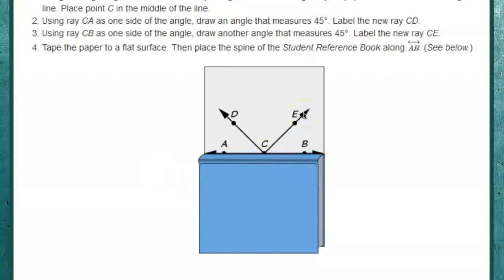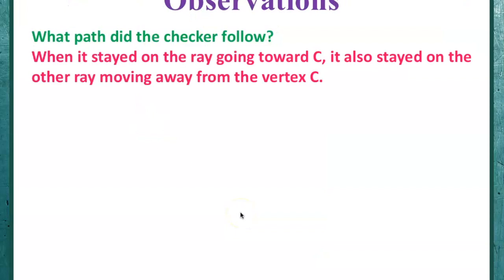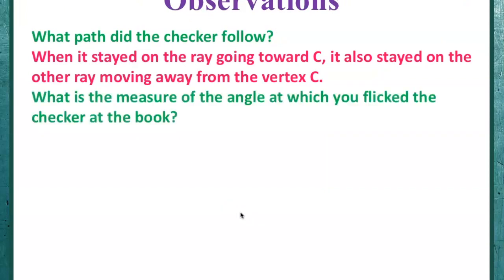If you would like to try that, read the directions here and then try it on your own. So you would have noticed that it stayed on the same ray and banked off at a 45-degree angle.